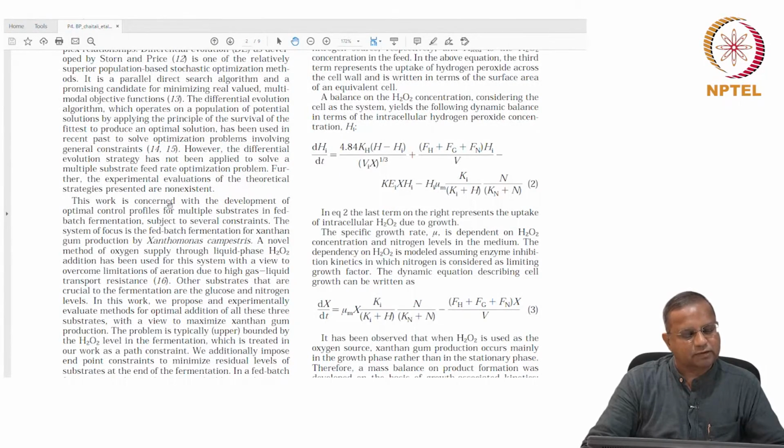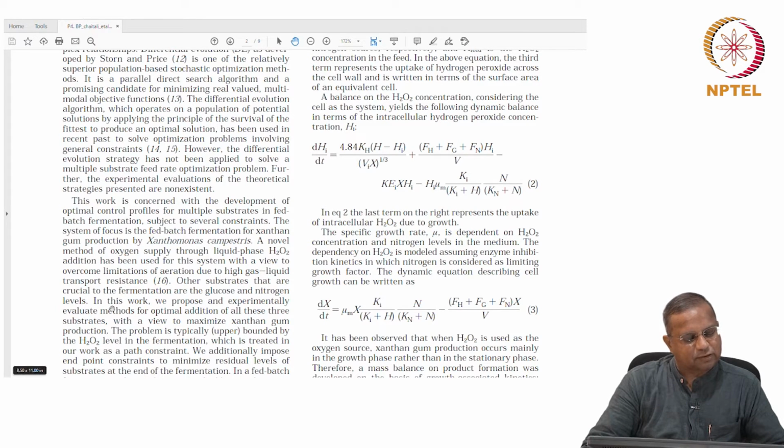This work is concerned with the development of optimal control profiles for multiple substrates in fed batch fermentation, subject to several constraints. The system of focus is the fed batch fermentation for xanthan gum production by Xanthomonas campestris. A novel method of oxygen supply through liquid phase hydrogen peroxide addition has been used for the system with a view to overcome limitations of aeration due to high gas liquid transport resistance.